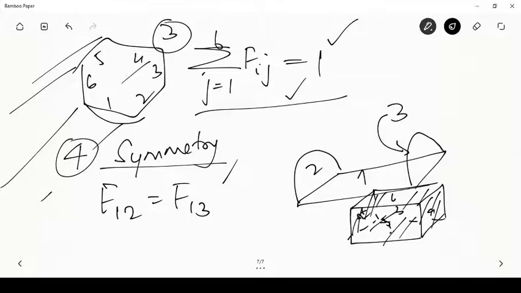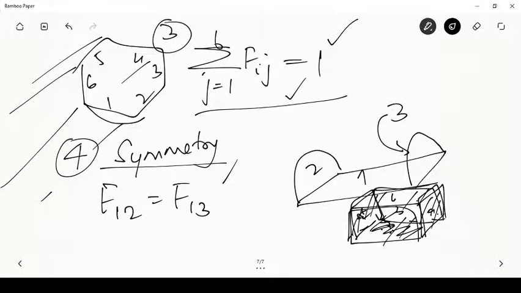So the floor of this has the same view factor with this vertical, similarly this vertical and this vertical. So 1 to 2 and 4, and similarly 1 to 3 and 5 will be identical. So that is the case of symmetry.